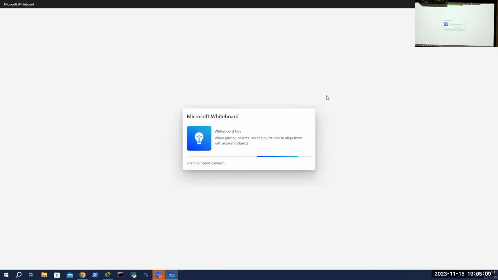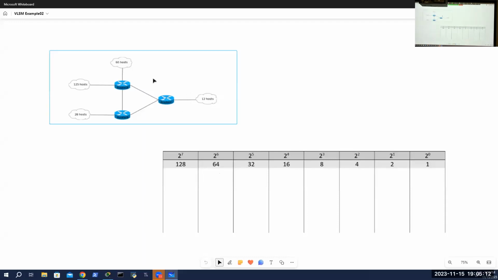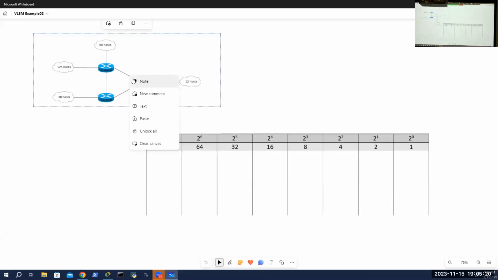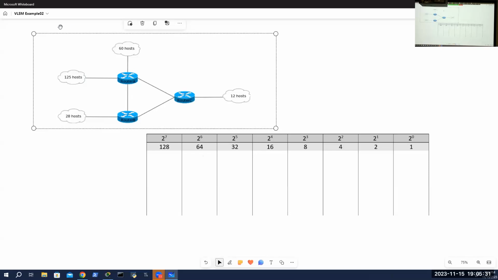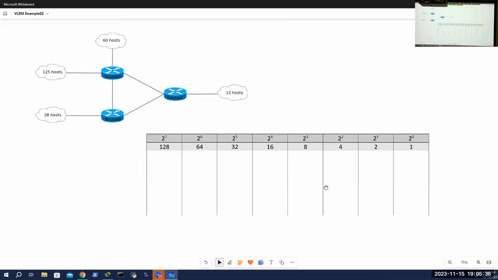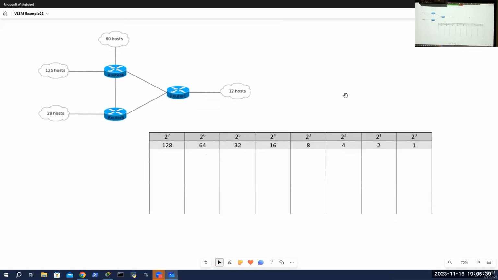example 2, where you've got, make this a little bigger. So now we have kind of the same situation with the 3 WANs, but the different LANs have different numbers of hosts.